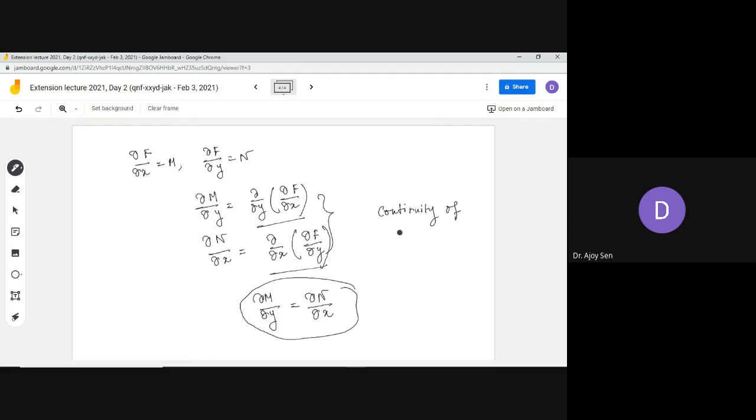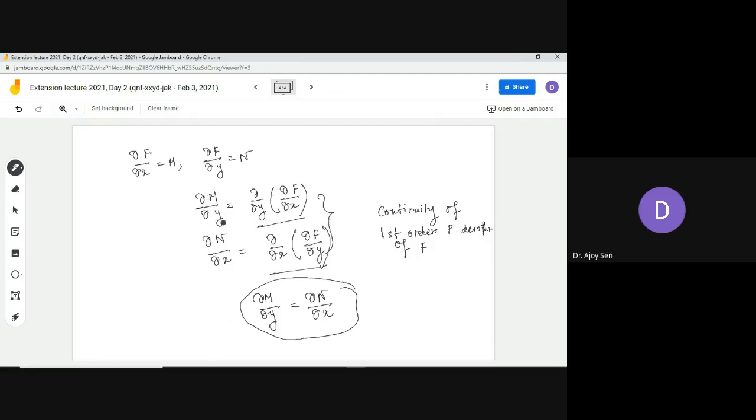Actually the criterion I can mention is the continuity of the first order partial derivatives of f. If you take the continuity of the first order derivatives of f, these two things are equal.